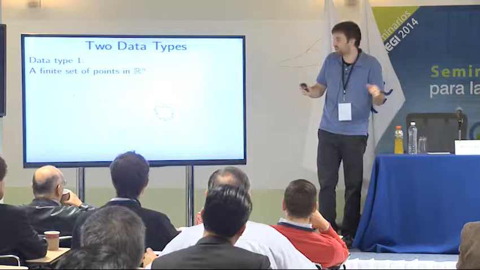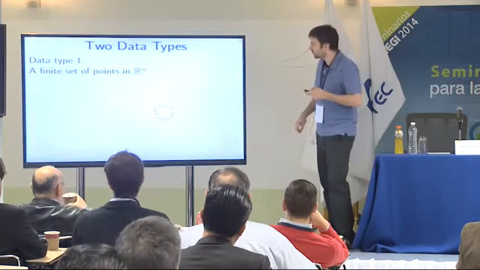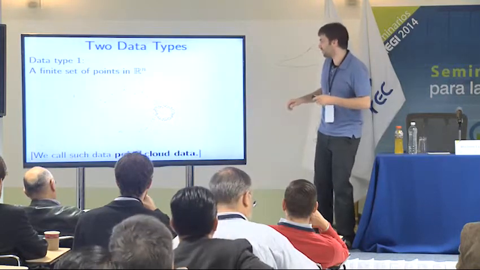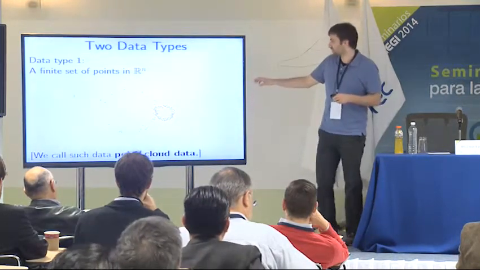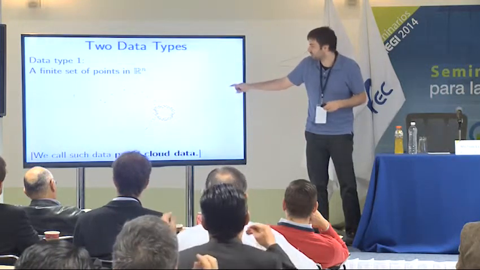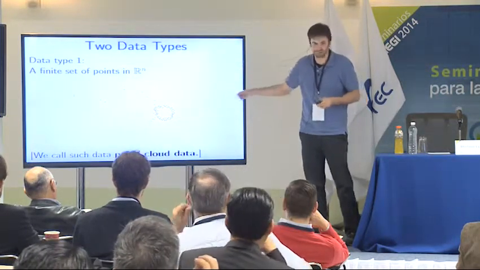All of that is fair game for us in topological data analysis. And we call such data point cloud data. For example, here on the slide, I have a point cloud data set sitting in two-dimensional space where I have a large sparse ring of data and a small dense ring.